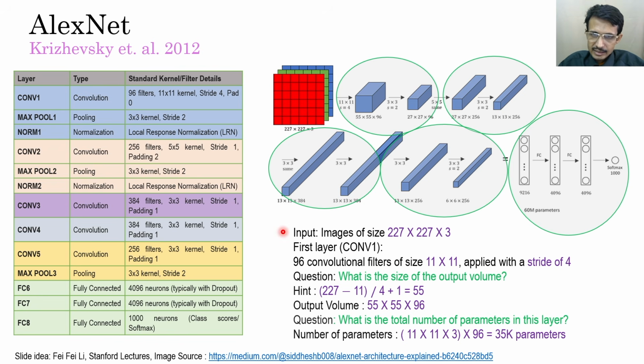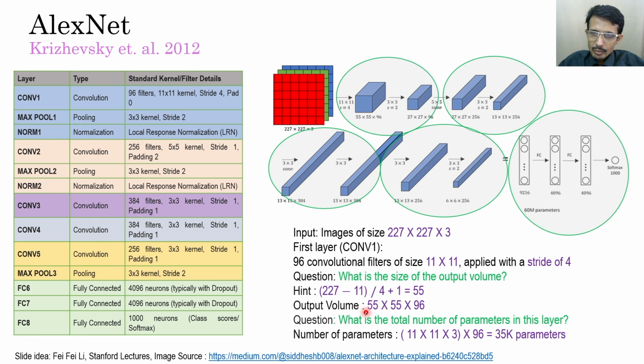Now the question is, what will be the output volume after this first convolution layer? We recall the formula (n minus f) by stride plus 1, that is 227 minus 11 by 4 plus 1, so it's 55. So the output volume is 55 cross 55, and with 96 convolution filters, the channels become 96. So 55 cross 55 cross 96. This is the output volume.